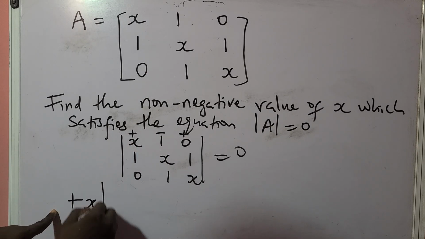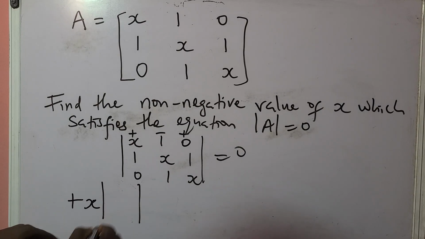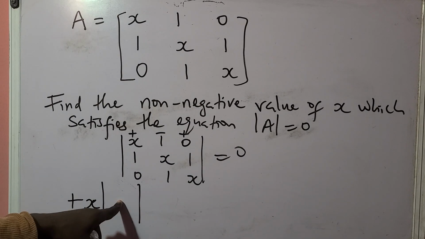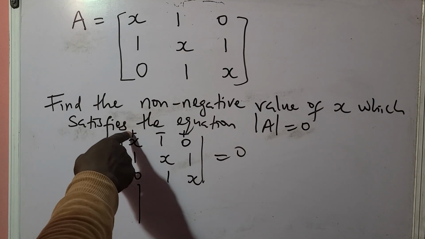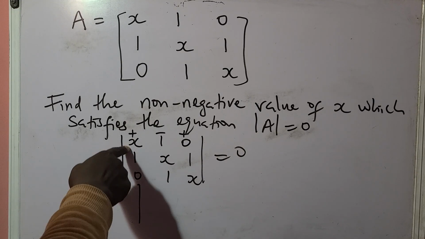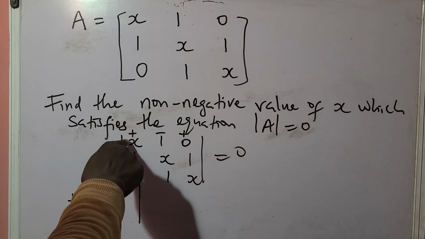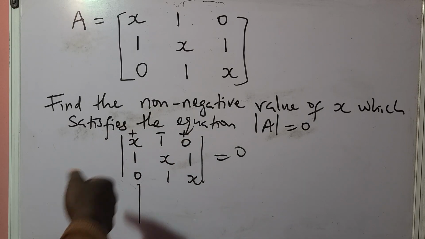Then you create the space for the determinant of a 2 by 2 matrix. The concept is this: plus x lies in row 1, column 1.